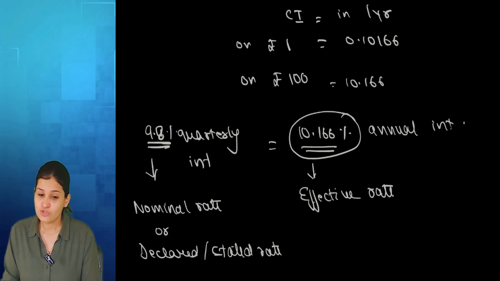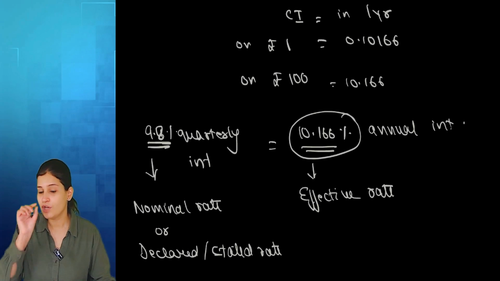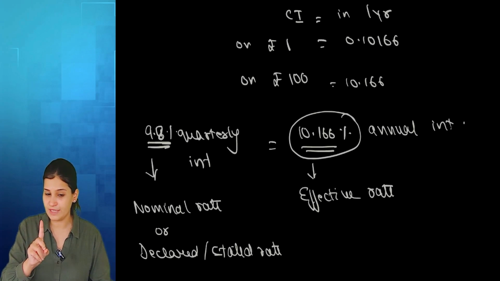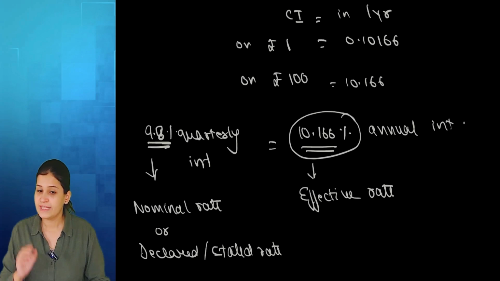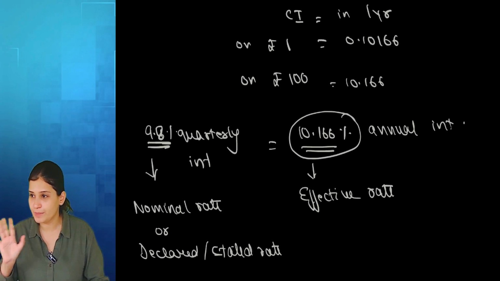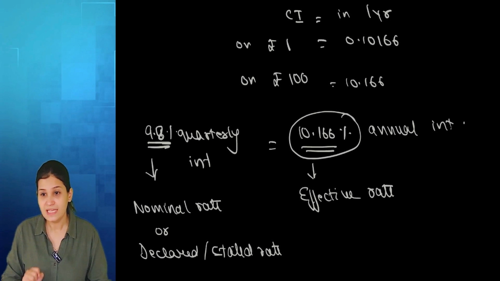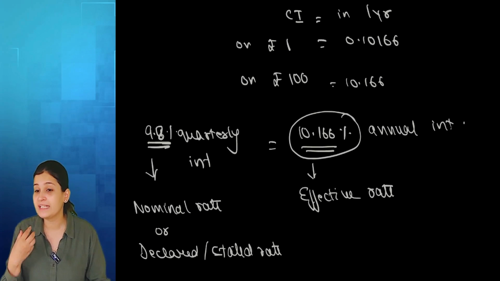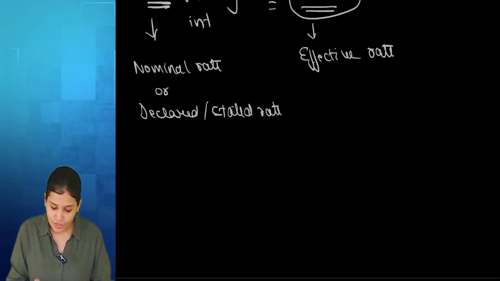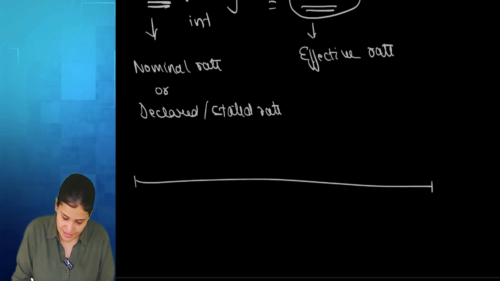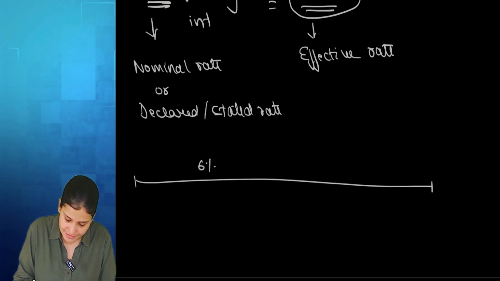Yes, ma'am. So what do we do in effective rate? We always calculate it for rupee 1 and for 1 year. So we'll first find out the amount. Then we'll subtract the principal, 1 rupee, to get the compound interest value, and that is on rupee 1. But in order to convert it into a rate, we need it for 100, so I'll multiply it by 100. So for effective rate, suppose my rate is 6% compounded half yearly.